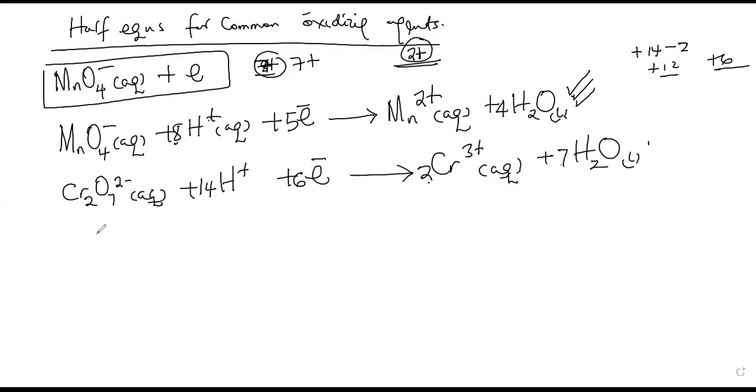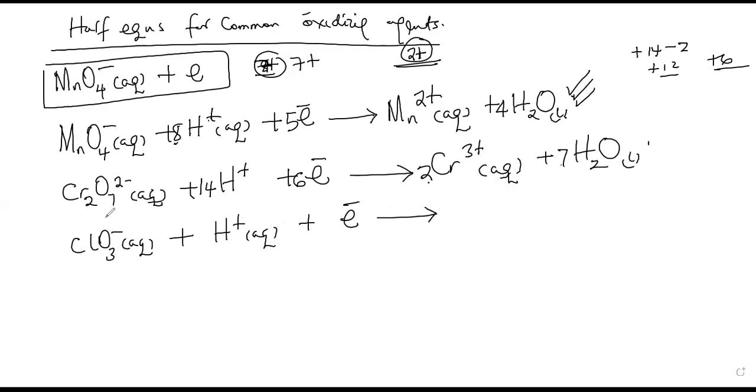Let's write for chlorate ions, acidified chlorate ions. You have ClO3 minus, acidified, gaining electrons.